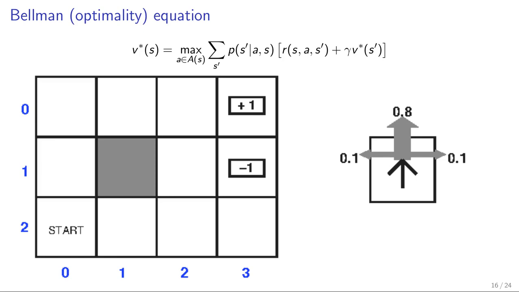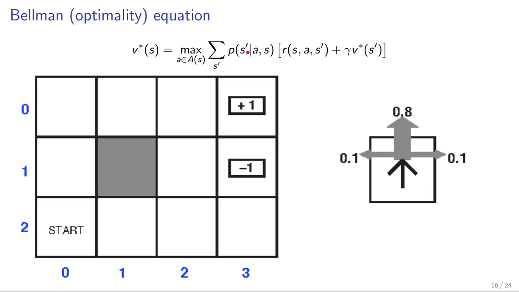One result behind all the algorithms that we will see is the Bellman optimality equation, which is basically one ply of the expectimax. For the value of a state, I max over the actions that I can take from that state.